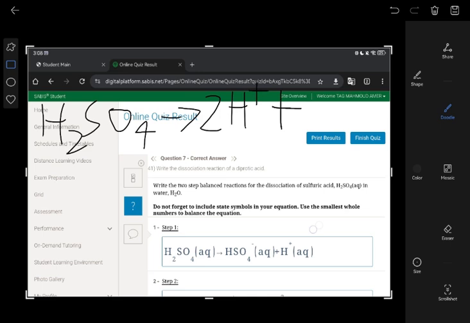So this is neutral. If you take away 2 pluses, what's it gonna be? 2 minus. So then SO4 2 minus. You can remember the charges in 2 ways. Either that SO4 is always 2 minus, you just remember that fact, or if it's 0 and you take away 2, 0 minus 2, it's gonna be negative 2.